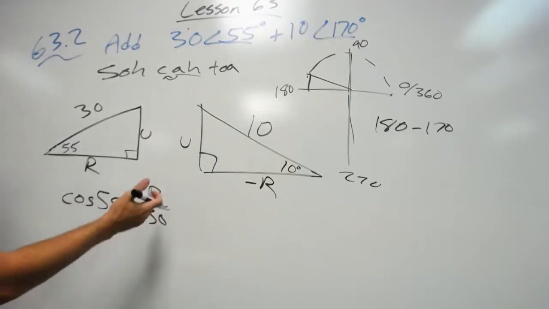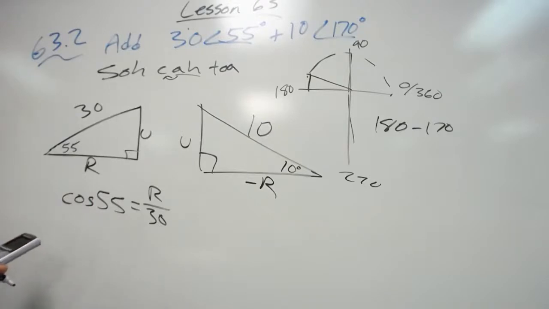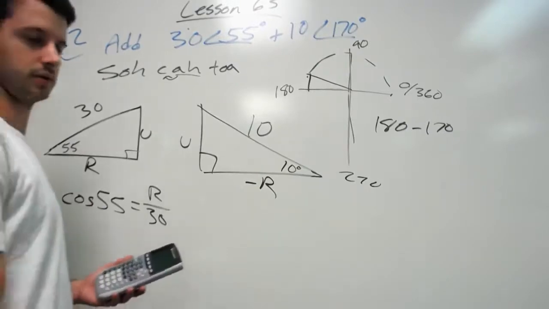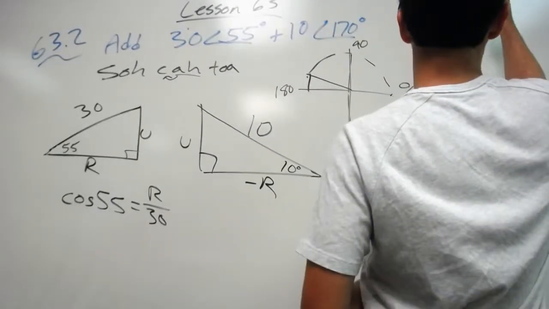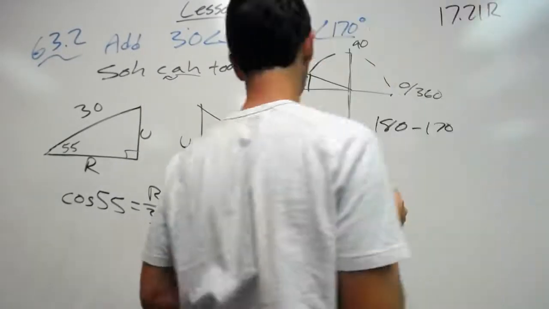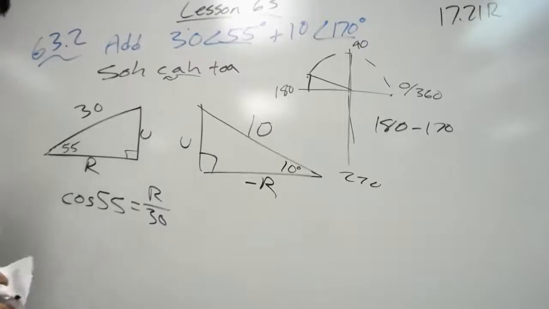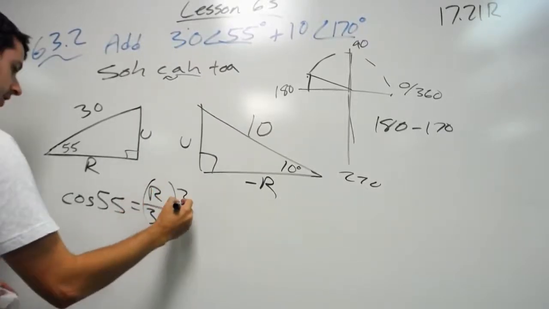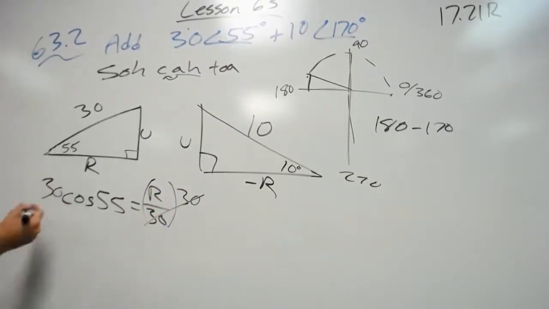We multiply both sides by 30 to get 30 cosine 55, 17.21 r. Then, if you haven't figured it out yet, the u always looks the same as the r.